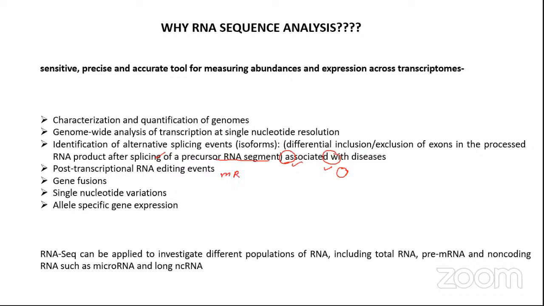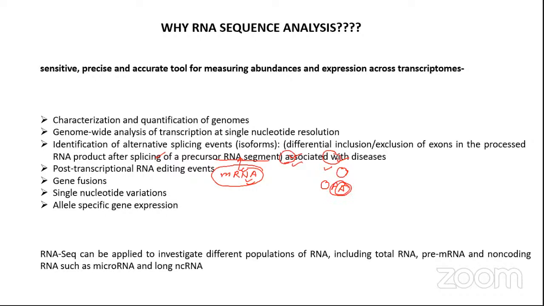My messenger RNA is normal when I study this, but my protein is abnormal. This means my gene is normal, but still my protein is affected.